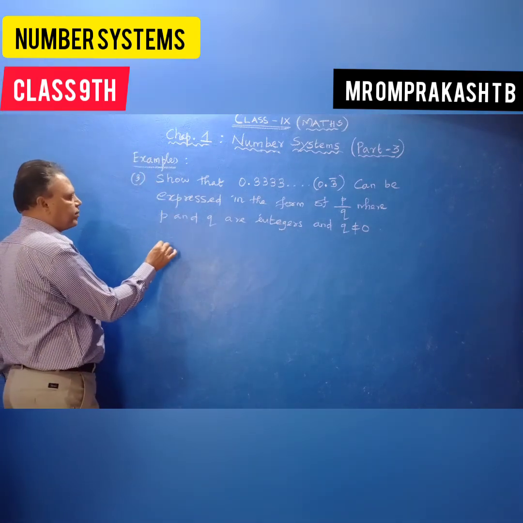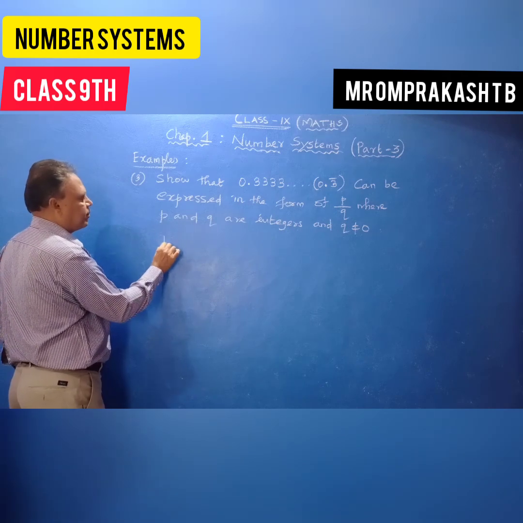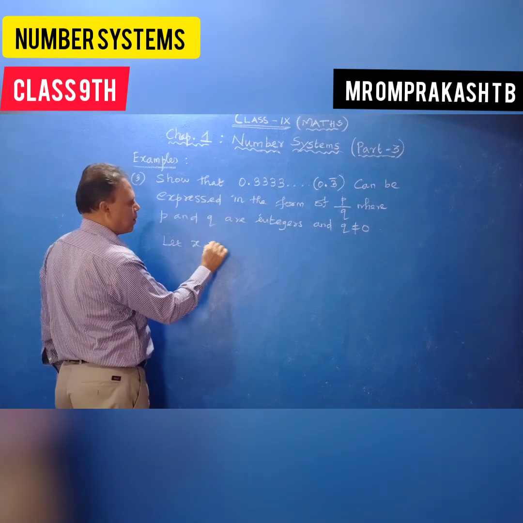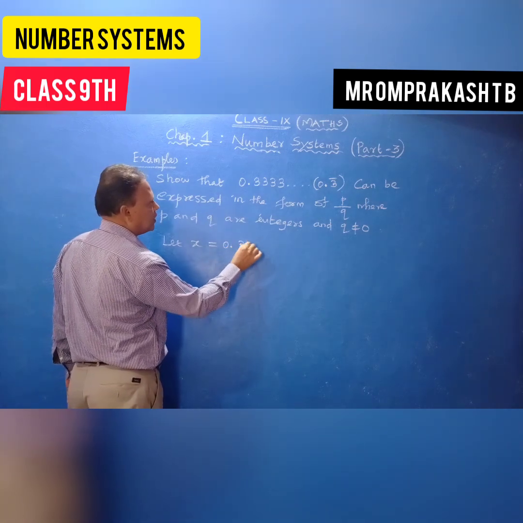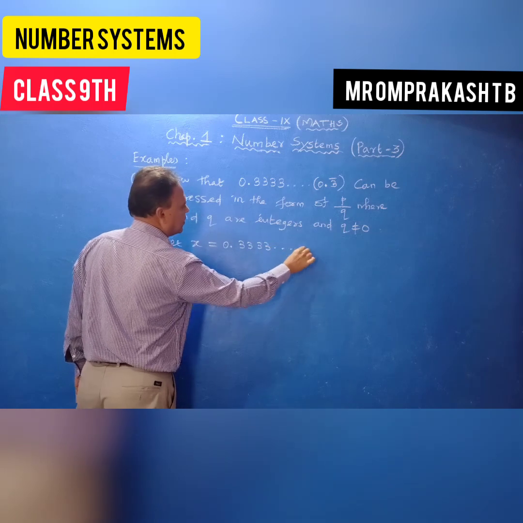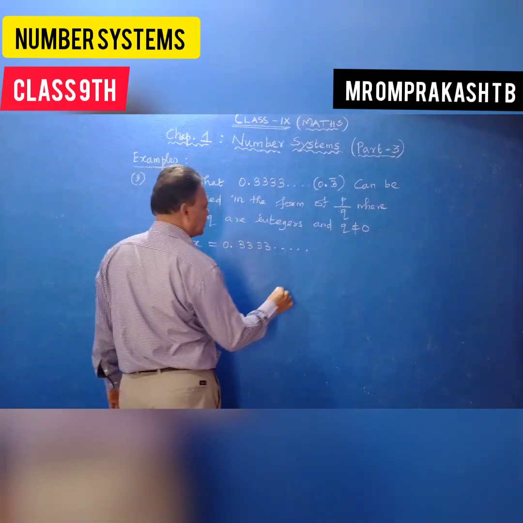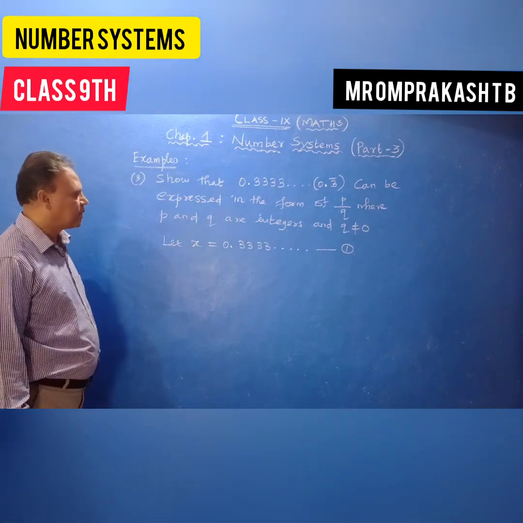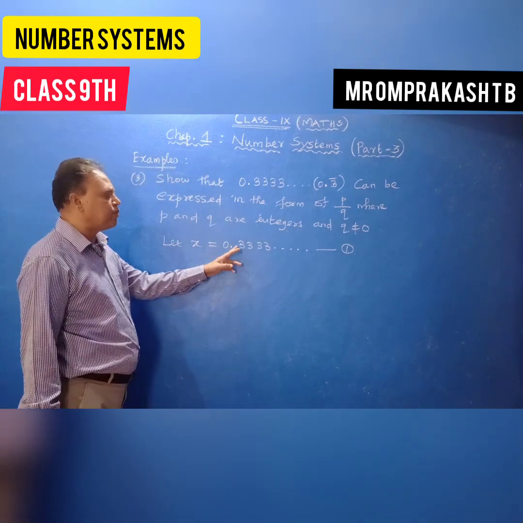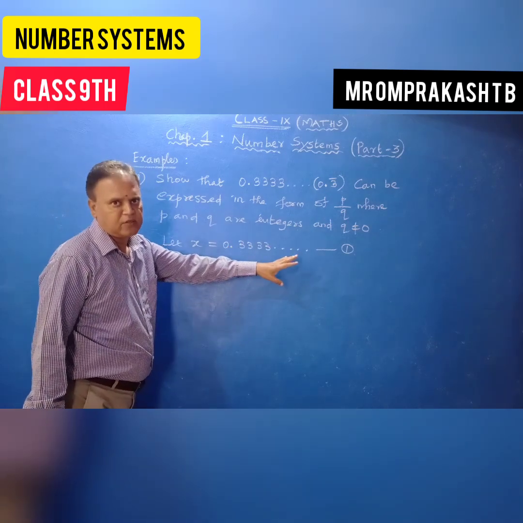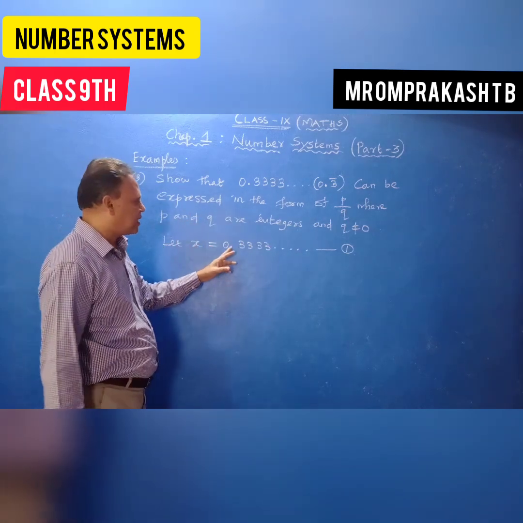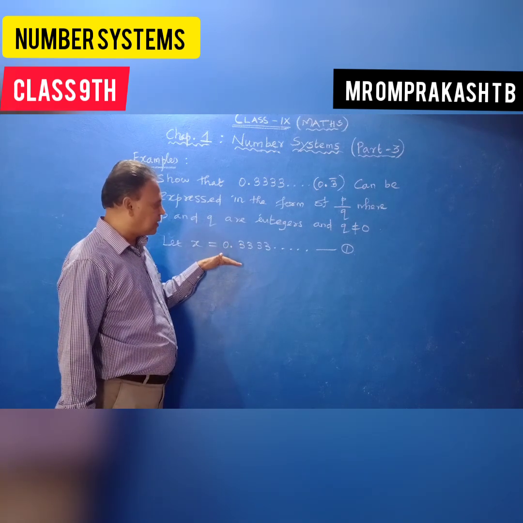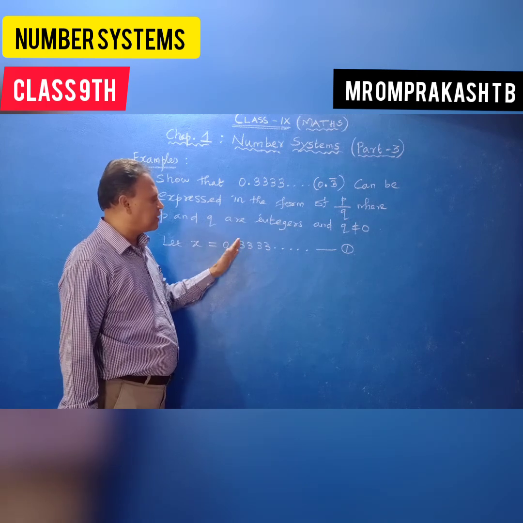Now this one how to prove? Let you take x. Take it x equals 0.3333, going on. Clear? You name it equation number 1. Now again the same decimal part you have to get. So like that you have to think. Another equation also in the decimal form you have to get the same way.